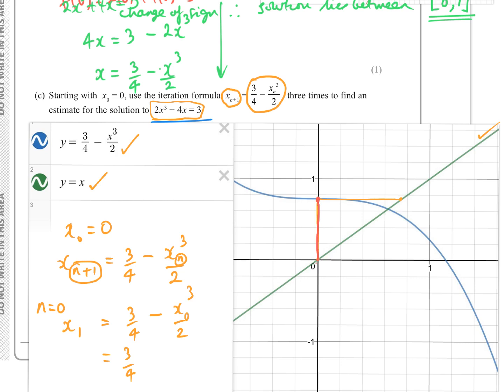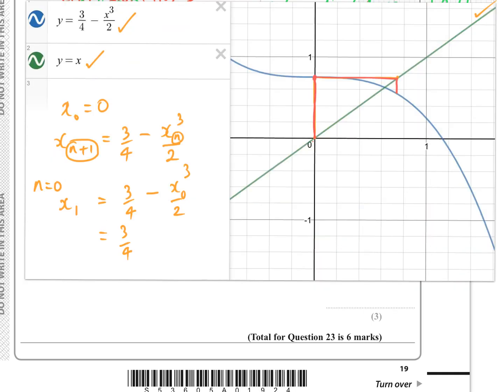Okay, so what you then do is you then read along back to your left hand side, i.e. your straight line y equals x, which is always there waiting for you. And then this will then look to the graph and there'll be another value. So let's try the next value and see what that gives us. Well, this is a calculator paper, so if n is 1, the next value will be 1 plus 1 will be x2, will be 3/4 minus our previous value, which will be 3/4 all cubed rather, divided by 2.